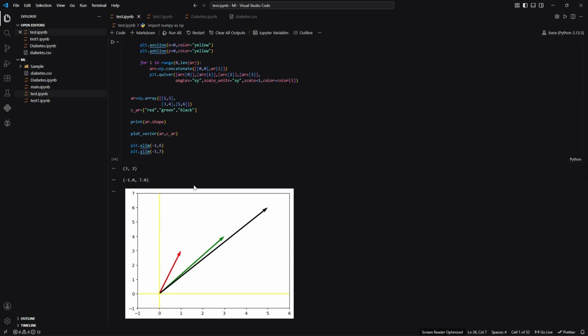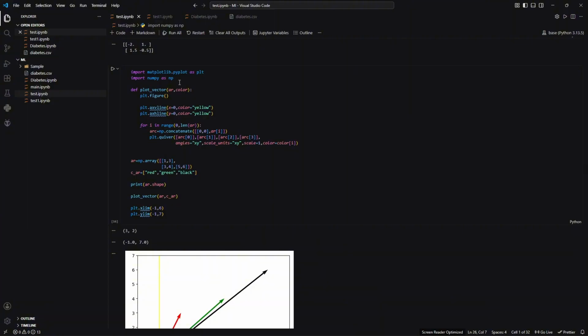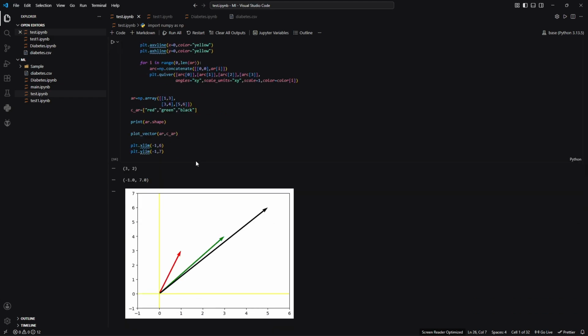I just implemented the vector using some function from matplotlib. These were not very great or higher level knowledge, but it really increases your knowledge just by tweaking it.